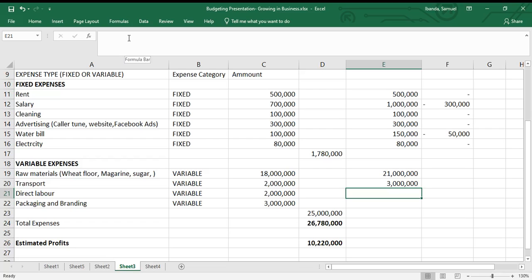And maybe this was about 4 million, and maybe this is 2 million, okay? Like that. So once I get that, I can also get my total here, the total expenses, okay? Let me just try to get respective totals here.